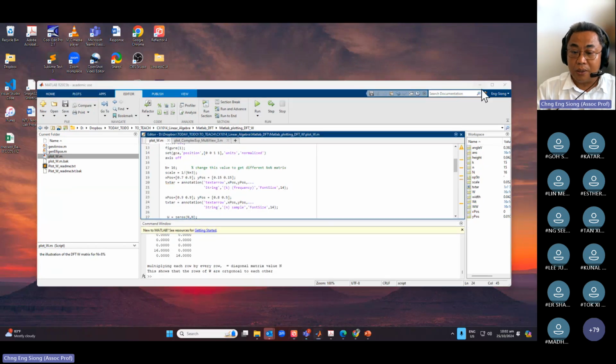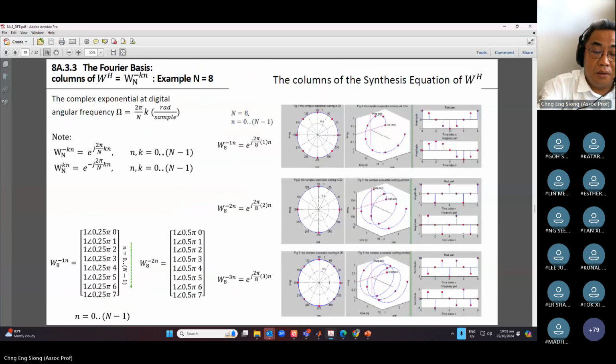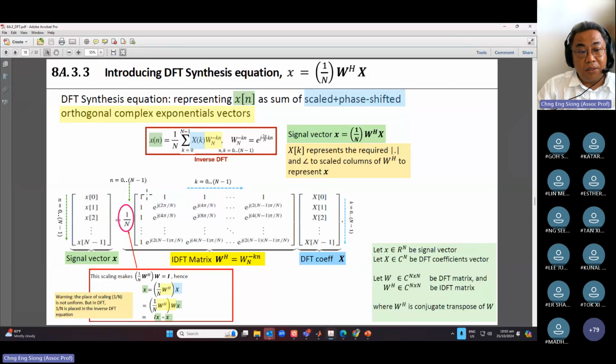It's not k equals to 1 only. This column is k equals to 0. This column is k equals to 1. This column is k equals to 2, until k equals to N minus 1.